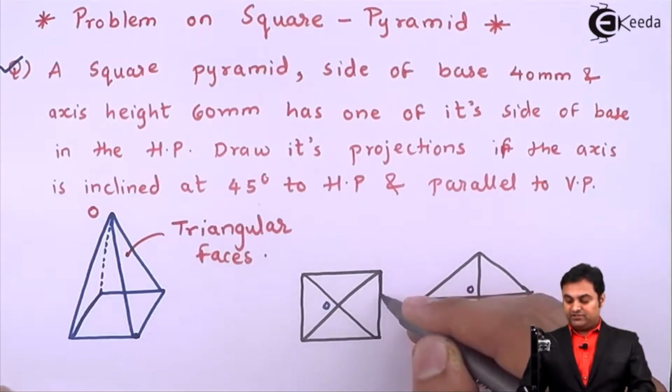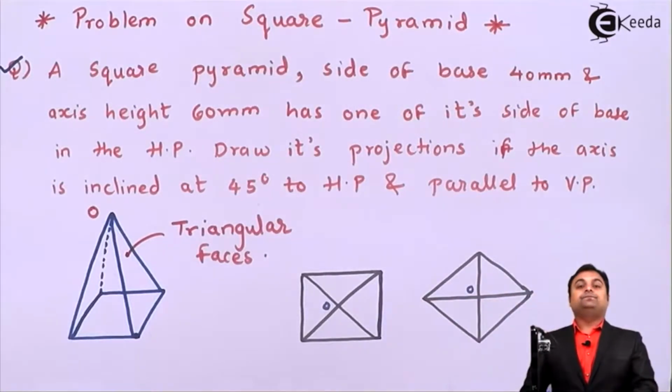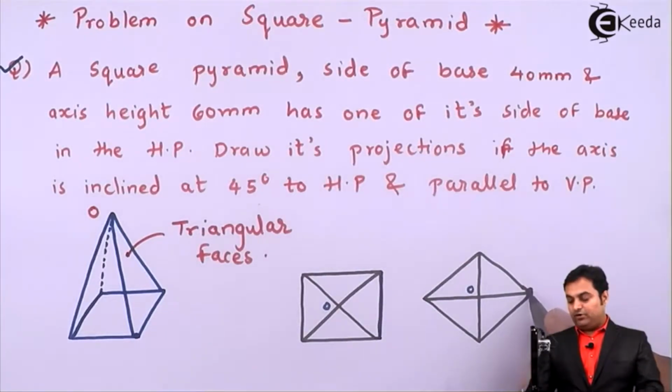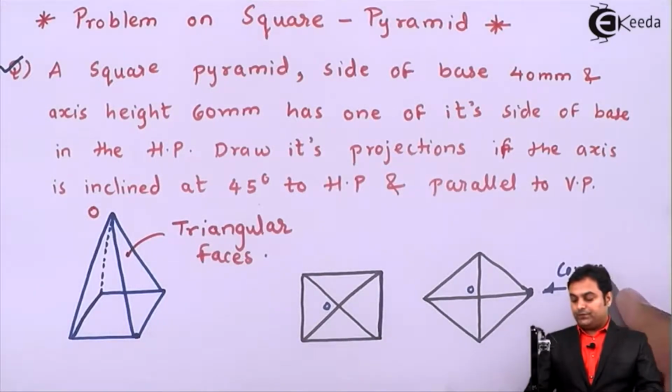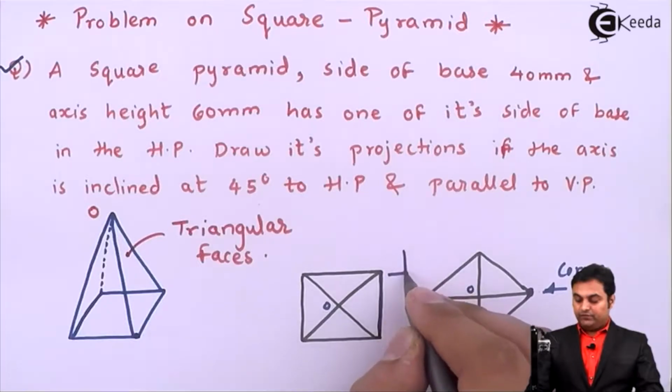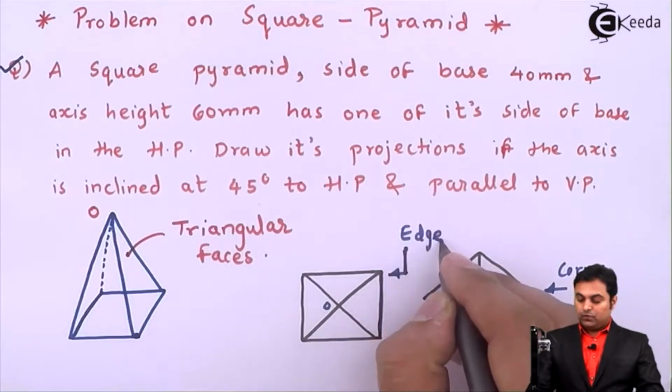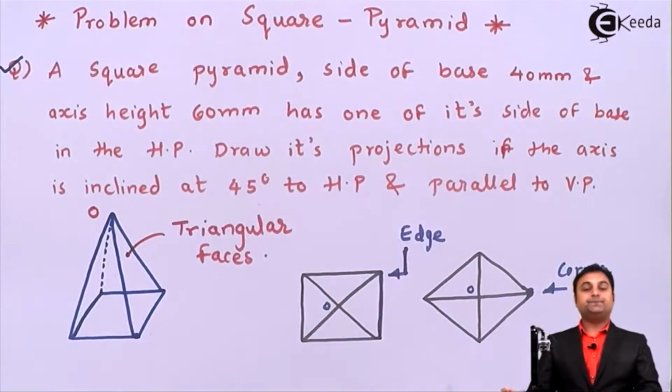This is the resting edge. And the other condition shows that the pyramid is resting on its corner. So there are two conditions in which the pyramid can be rested, either on the edge or on one of its corner.